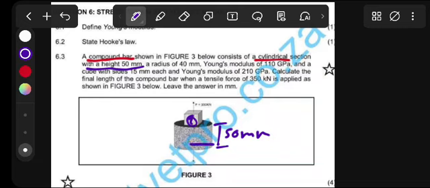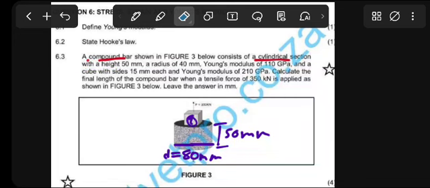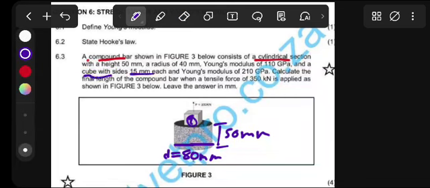If we are given the radius, that means the diameter will simply equal 80 millimeter. Then the Young's modulus we are given there is 110 gigapascal, and the tube side is 15 millimeter.